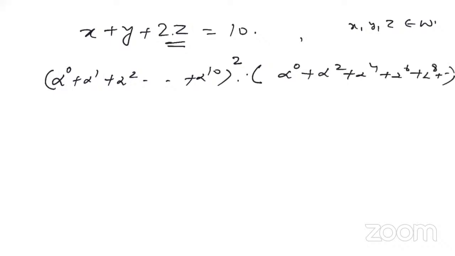Only the even powers will be there. So the total number of solutions will not be the same in this case. This is the first thing. The next question will start from here, and the dice problem.